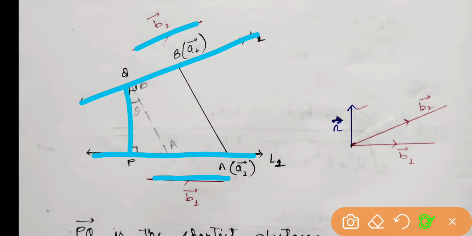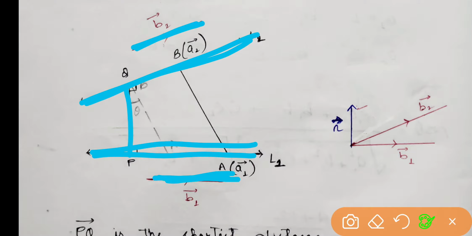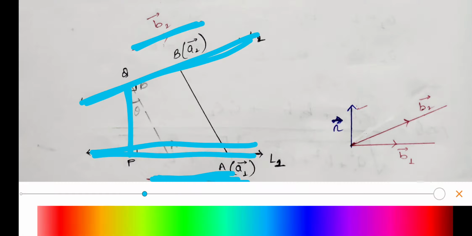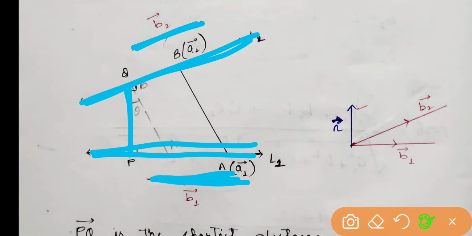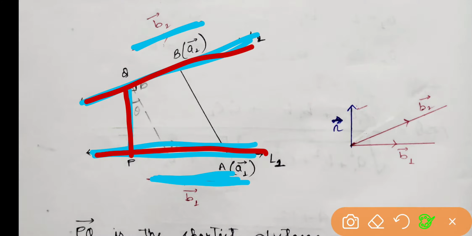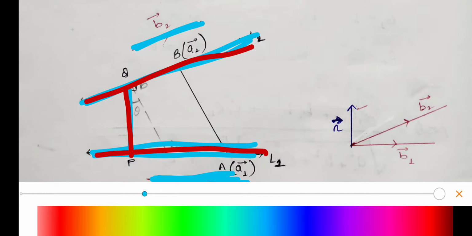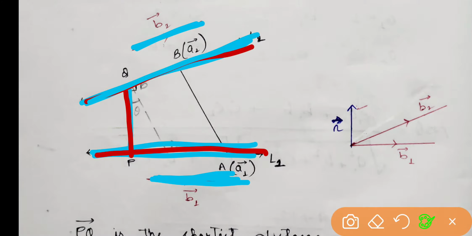If I have a line perpendicular to these two lines, it will also be perpendicular to our parallel vectors. Clear? So this perpendicular will also be perpendicular to b1 and b2.